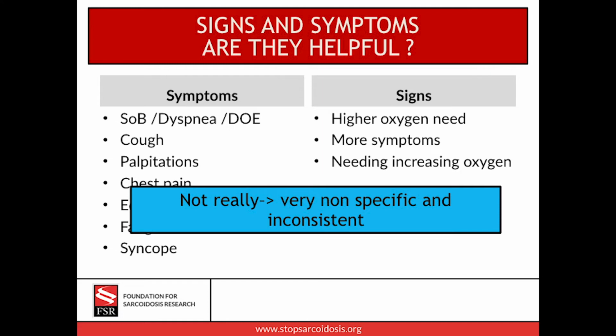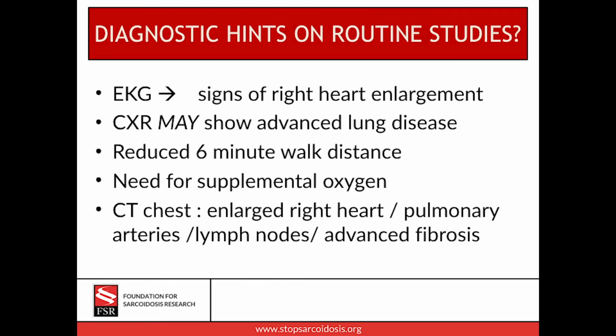So although they are very important clinically for you and me, they do not say, hey, this patient has sarcoidosis pulmonary hypertension versus this patient doesn't have sarcoidosis associated pulmonary hypertension. So they're not very specific or guiding in that sense.